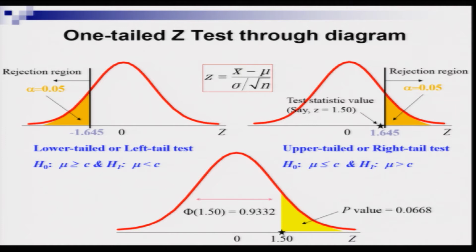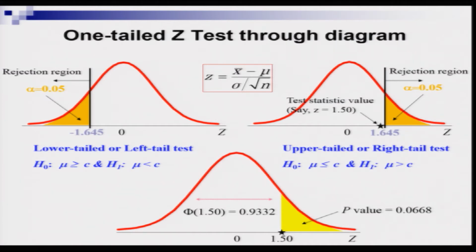Now, let me explain the story by fixing a particular level of alpha, because that helps. So, let me fix alpha at 0.05 or 5% level of significance, because that is mostly used by statisticians and econometricians. Now, if I fix alpha equal to 0.05, then basically I am talking about a 95% confidence level.